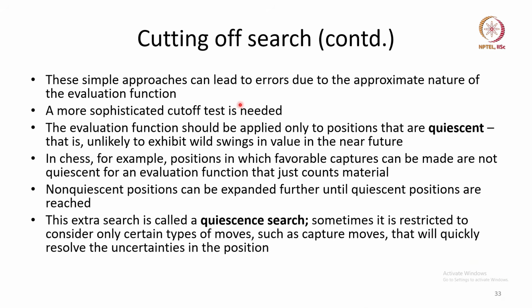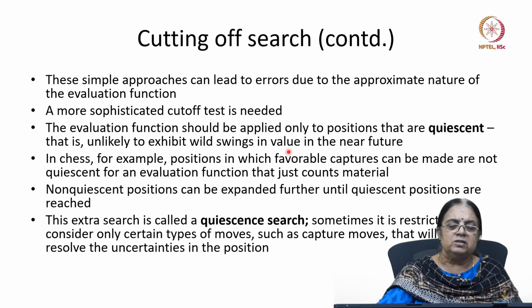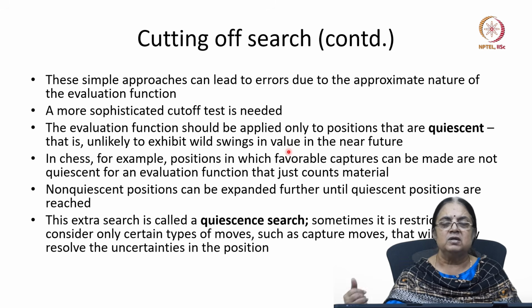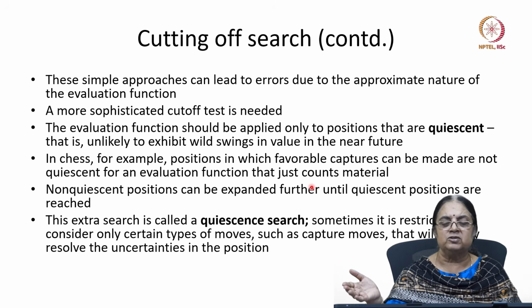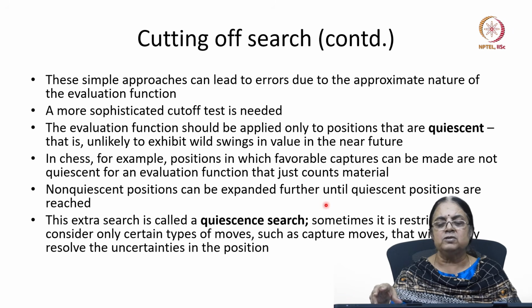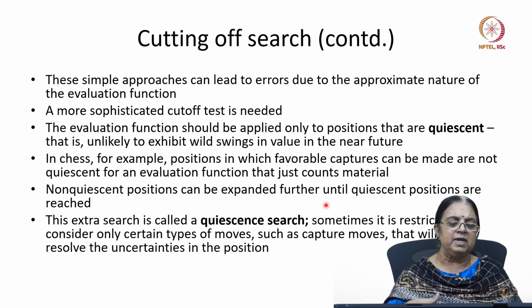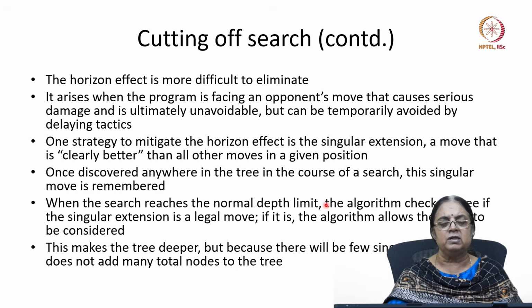Then you have what is called the horizon effect. What is this horizon effect? Suppose the opponent makes a move and that move leaves you in a serious condition, like you're almost lost or some such thing. So what you can do is use some delaying tactics at that particular point in time.